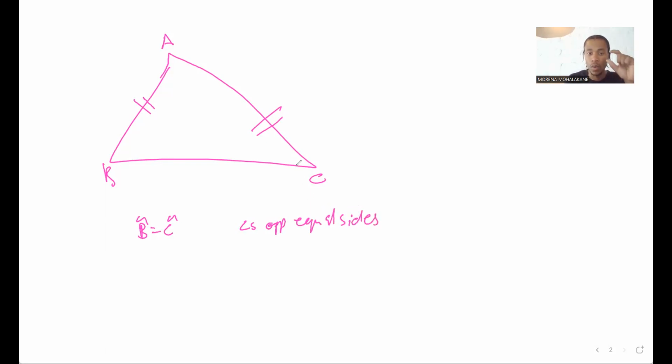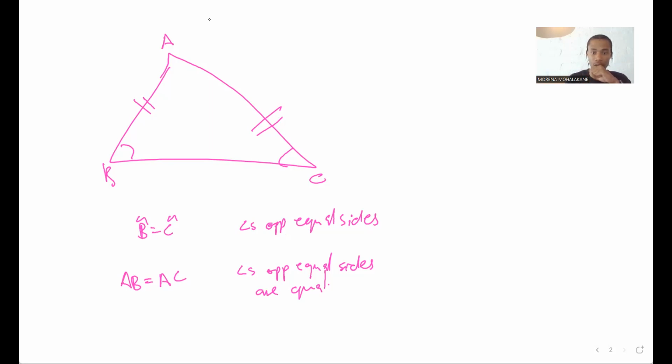But now, when you are saying that AB is equal to AC, your reason is sides opposite equal angles. Those are the conditions of the isosceles triangle, remember?